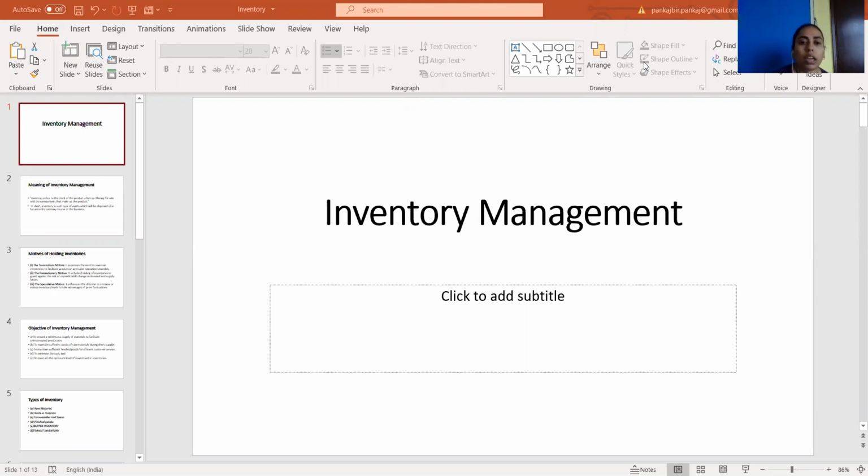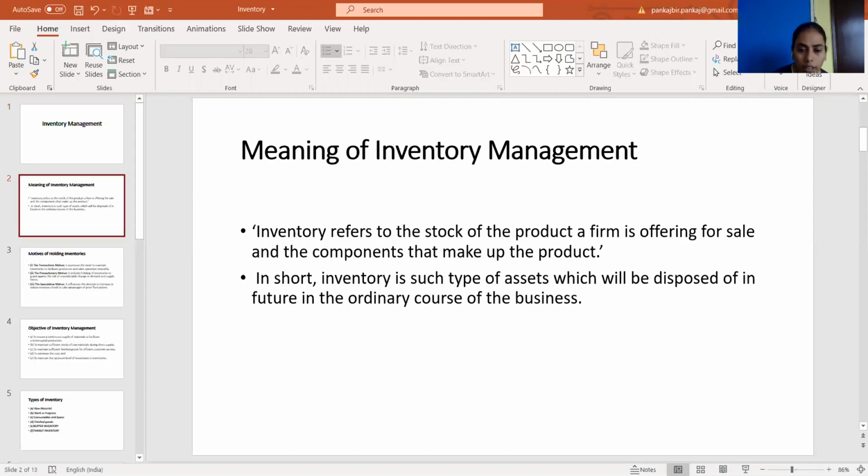So, inventory can be defined as stock or goods. The basic idea of holding inventory is that you hold inventory for sale in the ordinary course of business, or for the production process, or to consume in the production process.